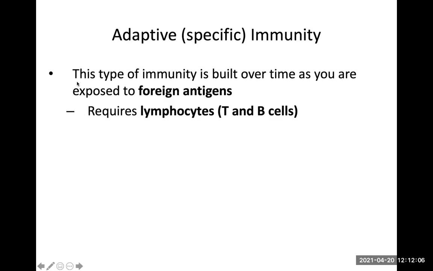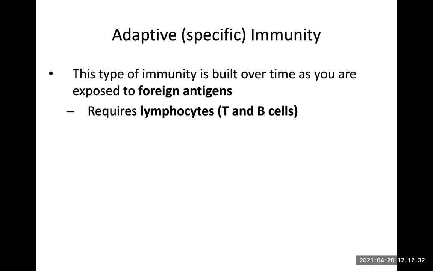this specific or adaptive immunity takes time, right? As you're exposed to the antigen, whether it be being exposed to the regular pathogen, getting sick, or whether it's getting exposed just to the antigens, such as through vaccine, each time you encounter an antigen, your immune system gets to respond to it.